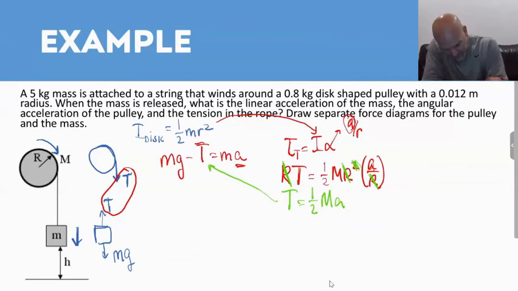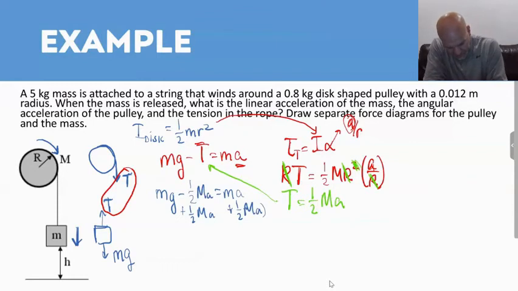So we do mg minus 1/2 big M a equals little m times a. So I'm going to add the 1/2 big M a over. Okay, now I have mg equals, I'm going to do a little factoring here. So I have little m plus 1/2 big M times a.